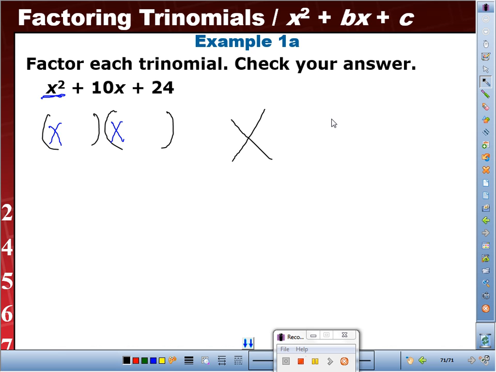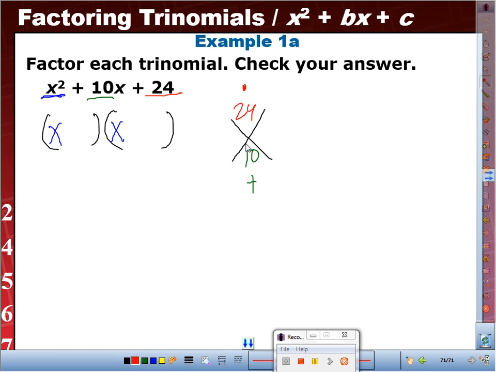So check this out. What's the middle term? 10, that goes here, and that's the sum. What's the last term? 24, that goes on top, always. The middle term, it always goes on the bottom.